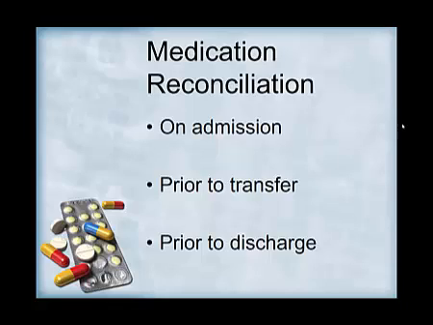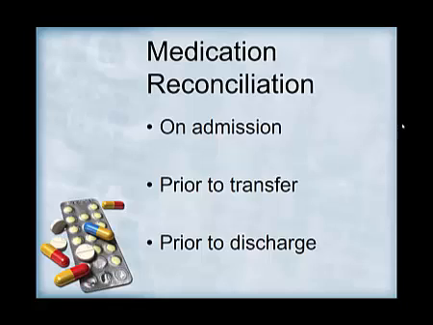As a patient is entering the facility, the admitting nurse is going to do the first medication reconciliation. During this med rec, the nurse is going to ask the patient all the meds they take at home. They will then enter that data into the electronic health record that their facility uses.